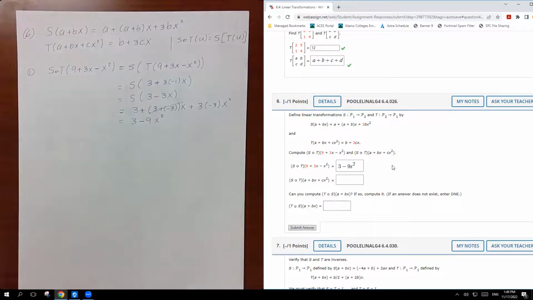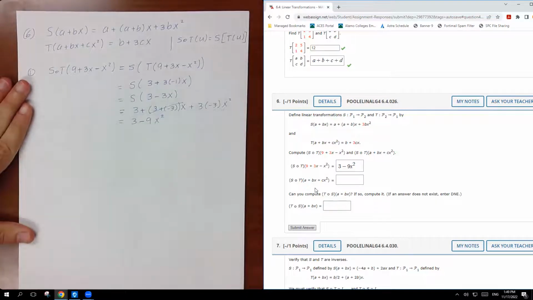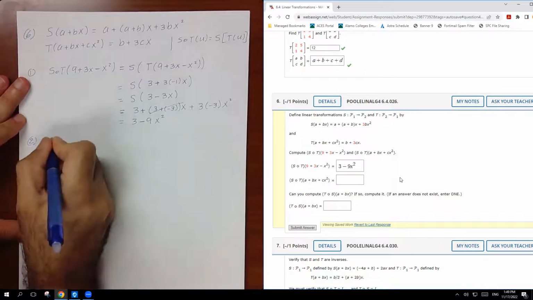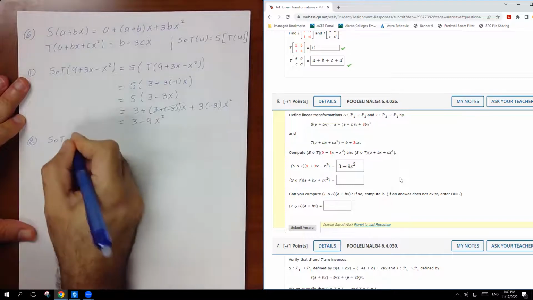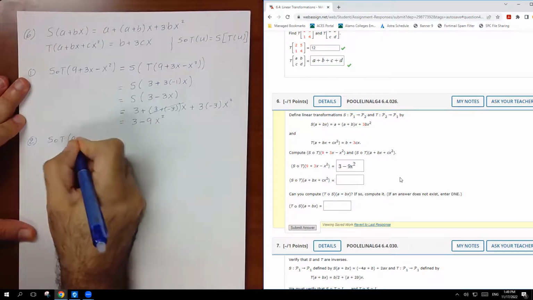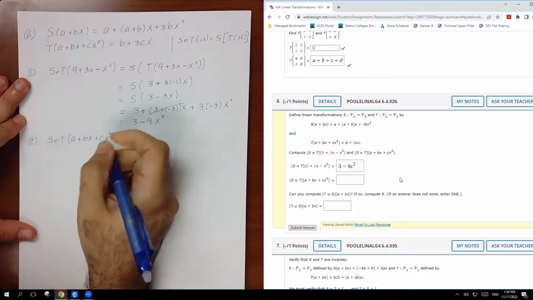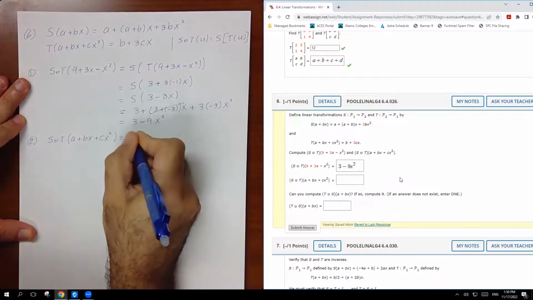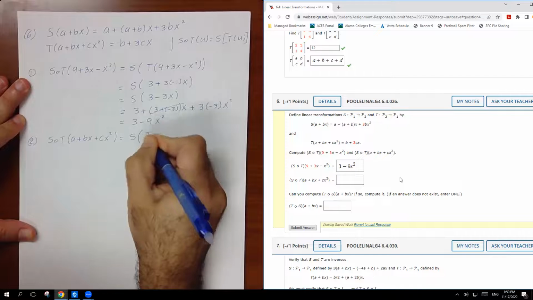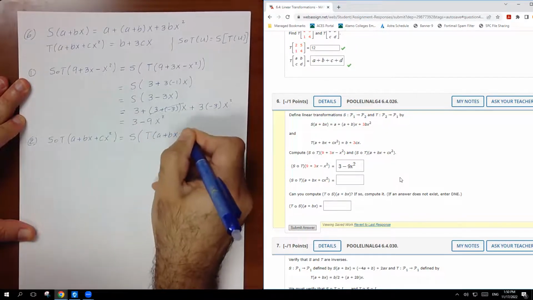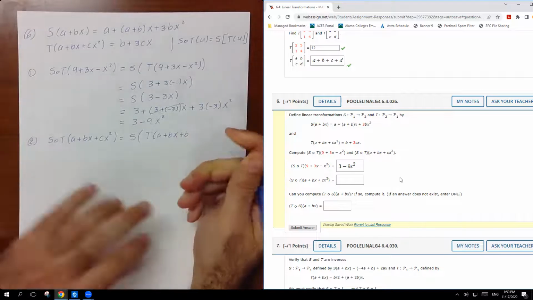Let's check the second part. If we need to find S composite with T, but with A plus BX plus CX squared, you're going to do the same thing. So now S composite with T of A plus BX plus CX squared is going to be S of T of A plus BX plus CX squared.